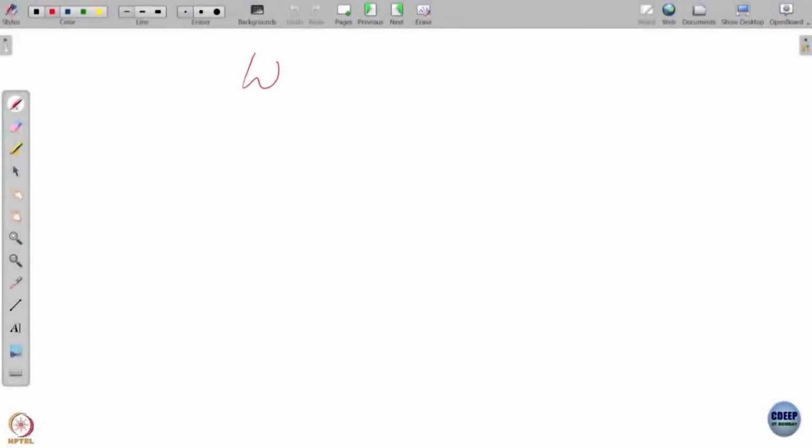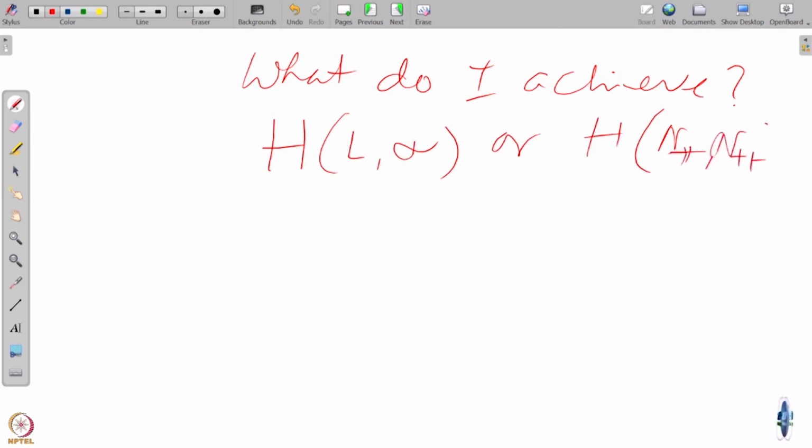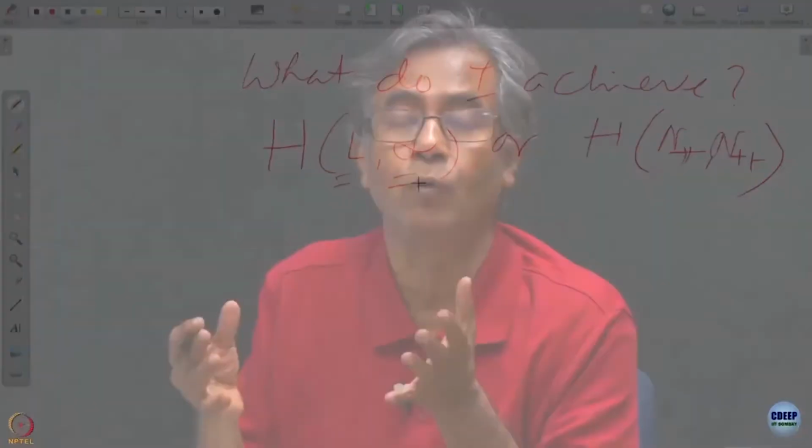Once I make this approximation, what do I achieve? I have already expressed things in terms of L and sigma, or n plus and n plus plus. I went to L and sigma to get the physical essence, long range and short range order, and I say short range order is that which flows from long range order.